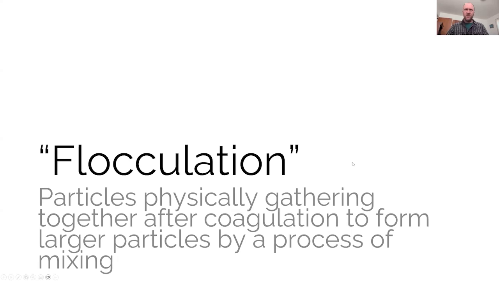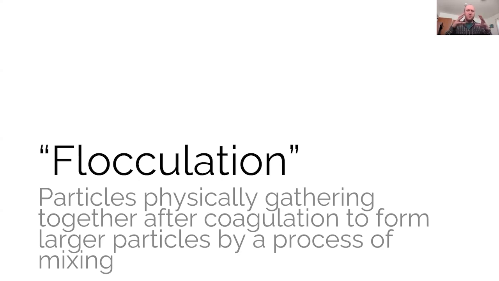And then the next one is flocculation. So this is a term that refers to the physical gathering of different particles. So this is a physical process. As wastewater is moving, particles are going to be bumping into each other, and this can be artificially created through a mixer or something. The whole concept of flocculation is that all these particles are bumping into each other, and as they do that, they clump together and create bigger and bigger chunks.